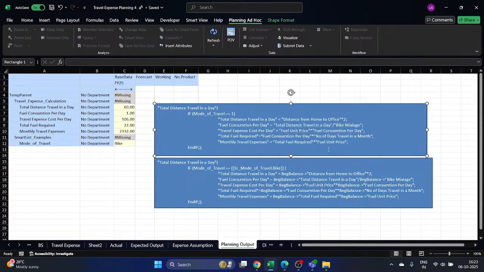Travel expense cost per day equals fuel unit price multiplied by fuel consumption per day. So that's the formula which we actually have to apply, and we will write the end fix later.